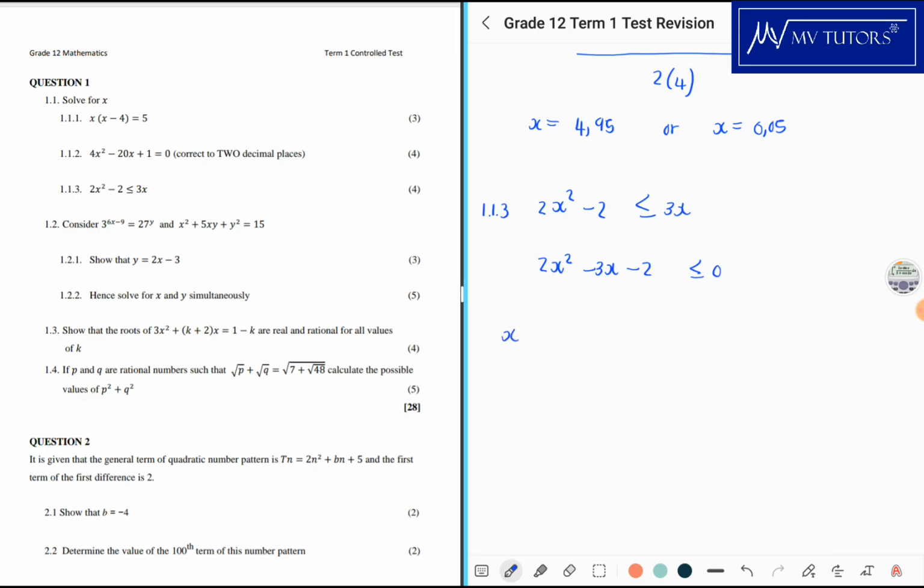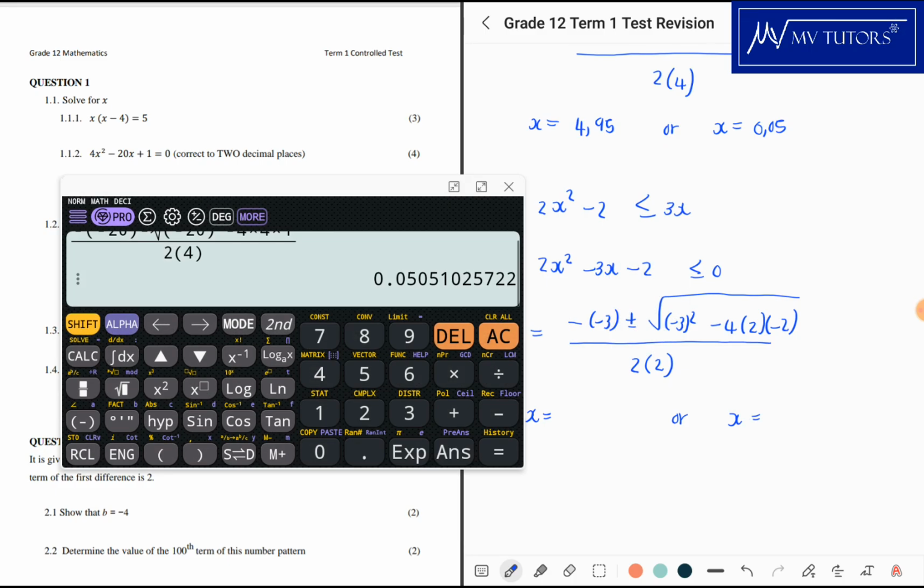So I know that x is equal to, so I'm trying to get the roots here, minus b, so my b is minus 3, plus or minus the square root of minus 3 squared, minus 4ac, which is minus 2, and all of that is over 2a, so 2 times 2. All right, so x is either equal to or x is equal to. So let's go ahead and use our calculators again.